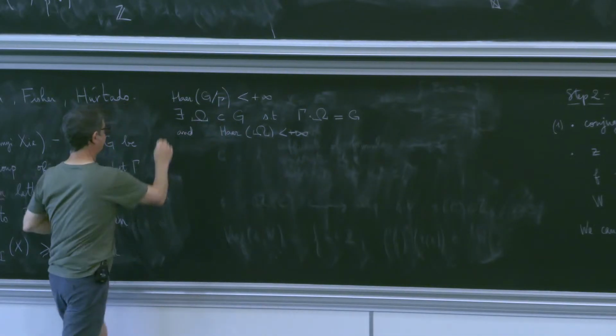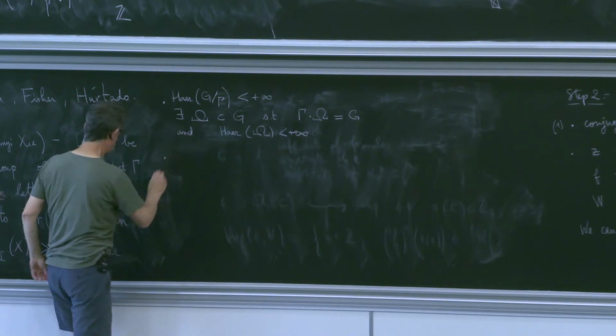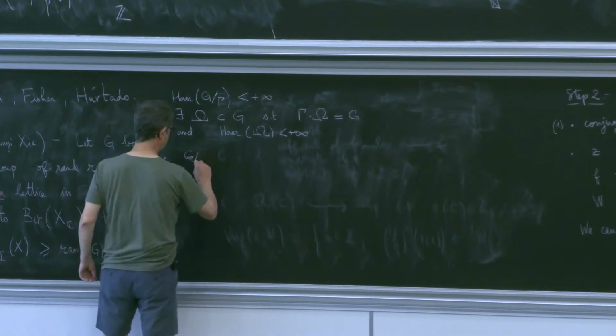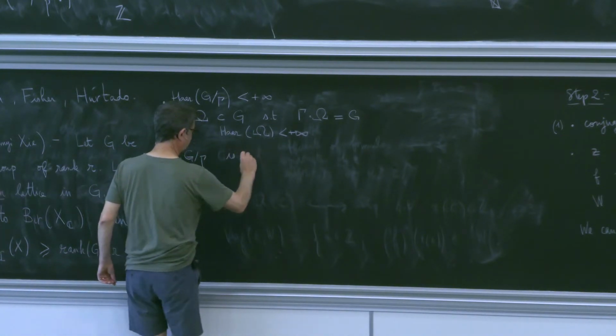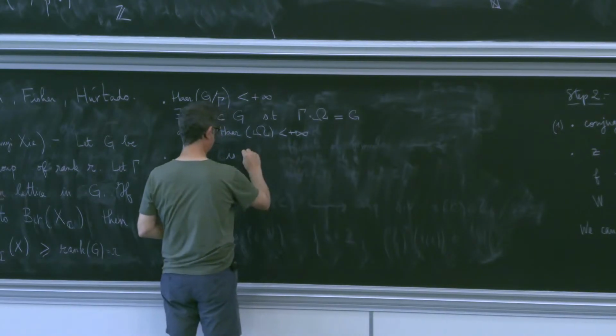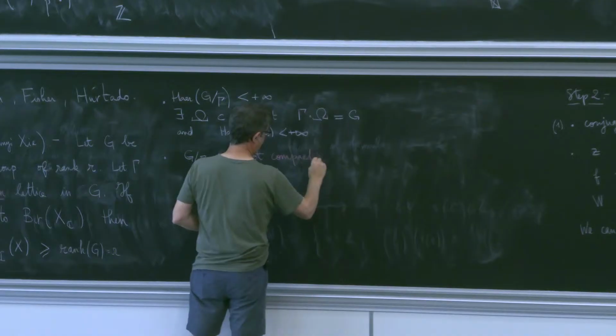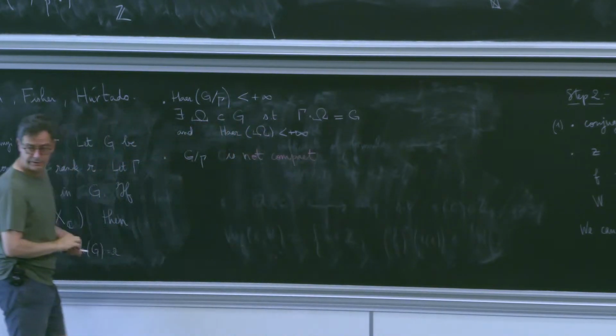Okay, so that's the definition of lattice. What we are asking when I say non-uniform is that G mod gamma is not compact. So that's the meaning of being non-uniform.